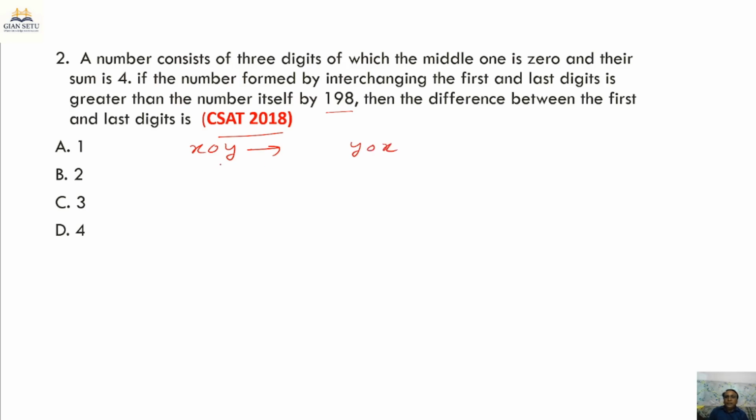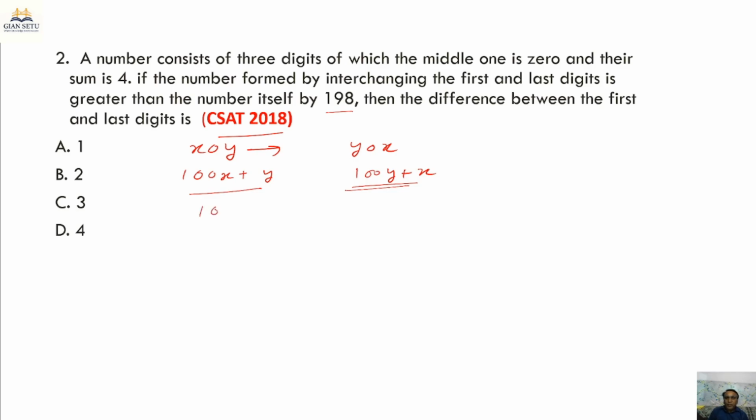Now if we interchange the digits at first and last place, the number will become y0x. Now if we write this number in the expanded form, it will be 100x plus y, and similarly this number will become 100y plus x. Since this number is greater than this number, let's subtract number 1 from number 2.